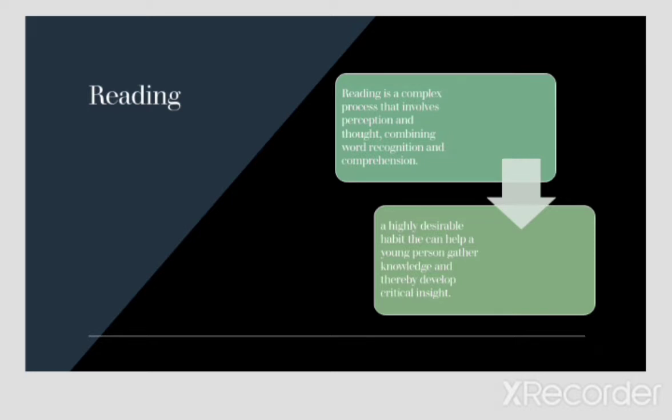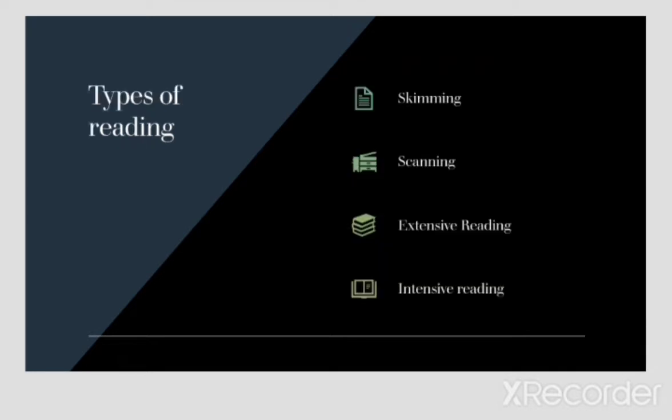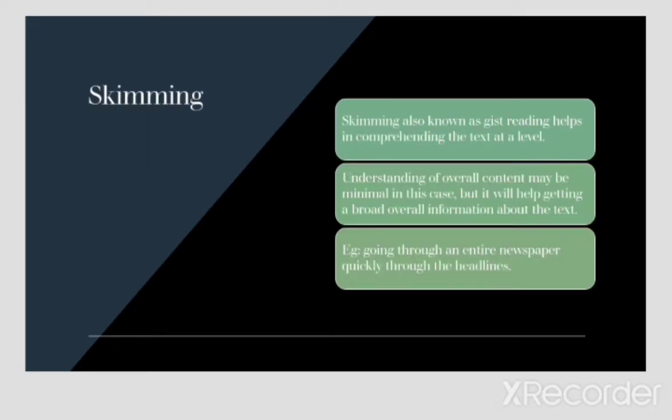There are four main kinds of reading. They are skimming, scanning, extensive reading, and intensive reading. First one is skimming. Skimming is also known as gist reading. Gist reading helps in comprehending the text at a basic level.